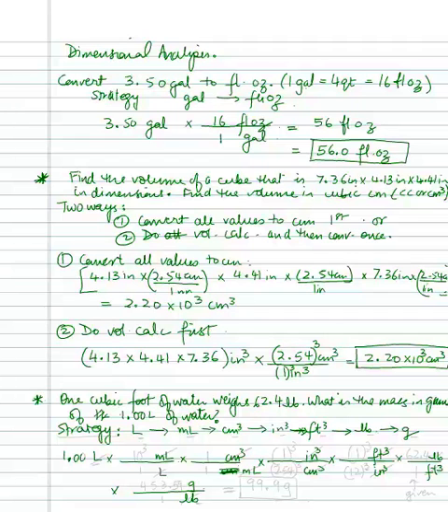So 1.00 liters is equal to, in 1 liter you have 10 to the power of 3 milliliters, or 1,000 milliliters. This is a direct conversion from 1 milliliter to 1 centimeter cube. Okay, so that's a 1-to-1 ratio. And then remember, in 1 inch there were 2.54 centimeters, cubed. Then going from inches to feet, in 1 feet cube there are 12 inches cube, and this one is cubed as well.